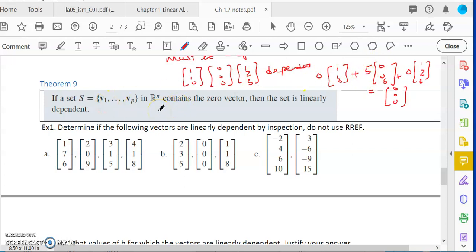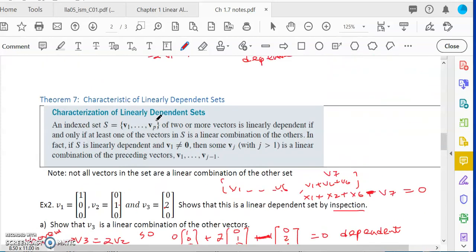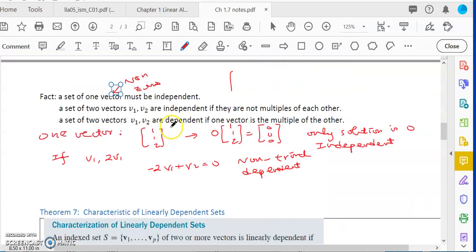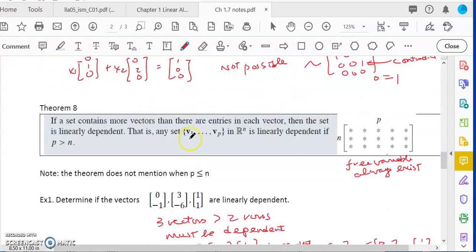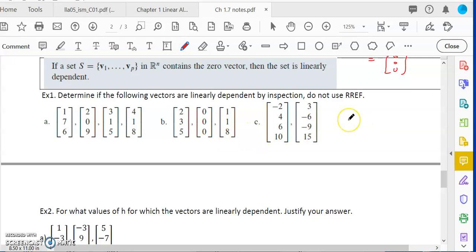Okay, with Theorem 7, which is linear combination, the two-vector situation, and the number of columns versus number of rows, you can actually check by inspection whether your vectors are linearly dependent. There are 4 vectors here and only 3 rows, so 4 is greater than 3, and it must be dependent, because the maximum number of pivot columns is 3, so there must be a free variable. In this one, 0 is in the list, so it must be dependent.